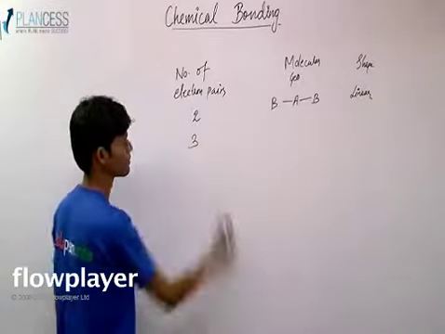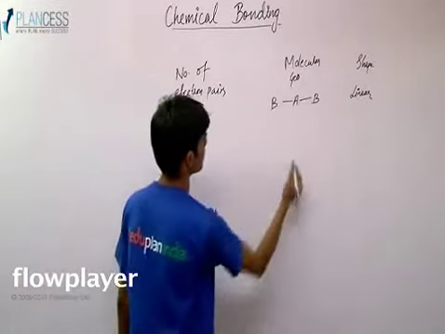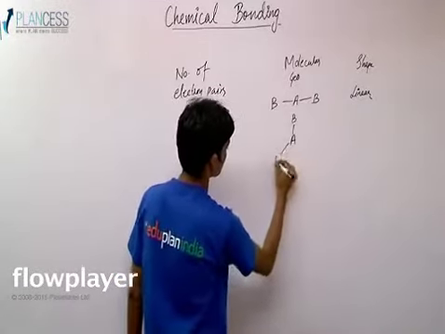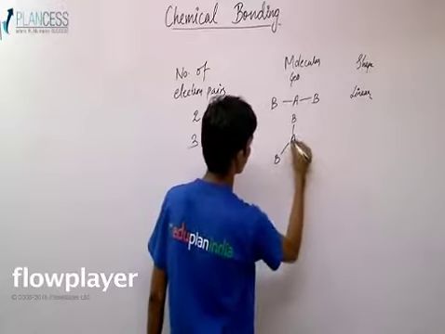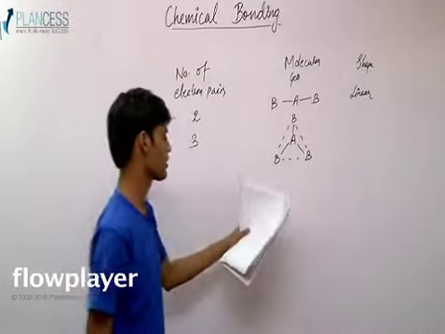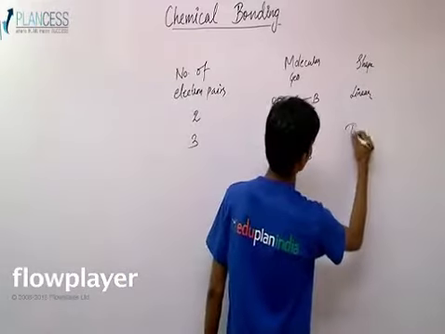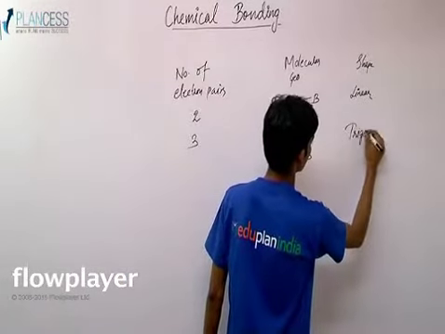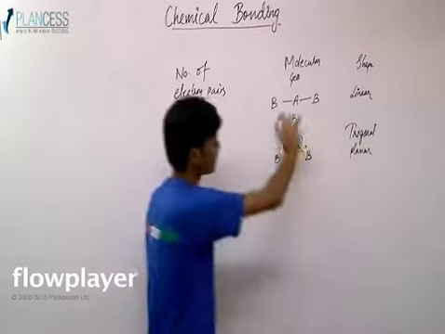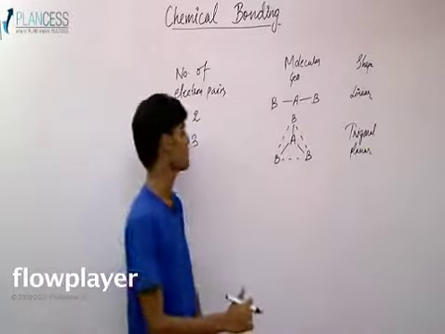If there are 3 electron pairs, then A would be here, and B, B and B would be around it. It will be a trigonal planar shape, because this is a planar geometry; all these 4 atoms are in the same plane.